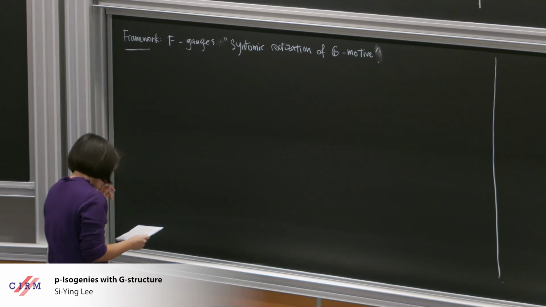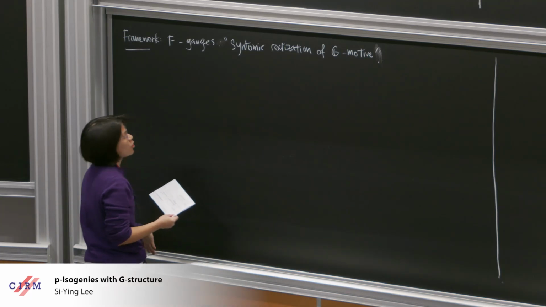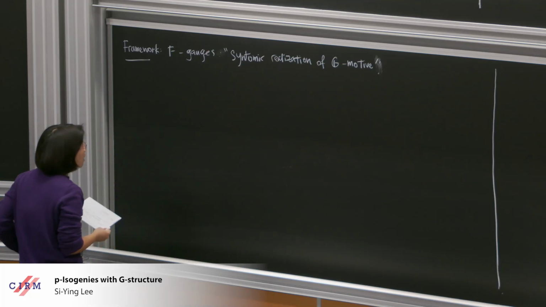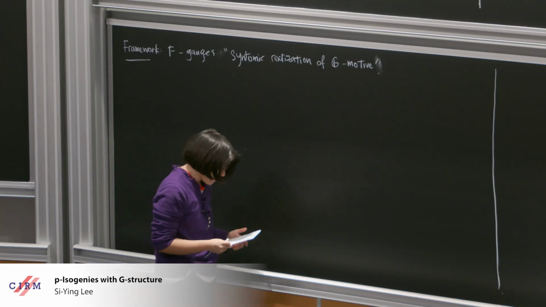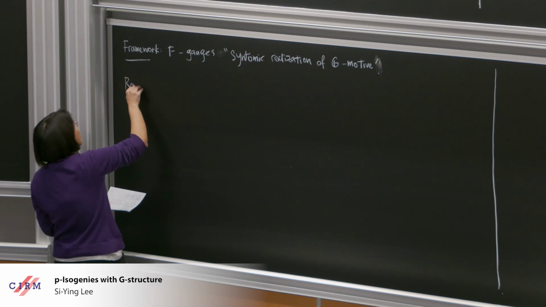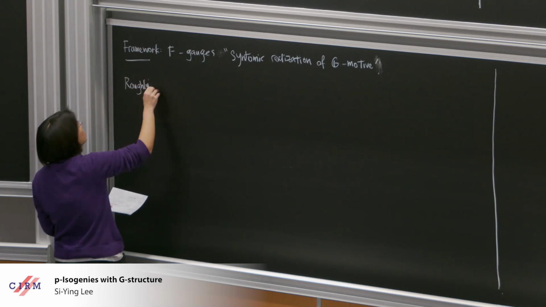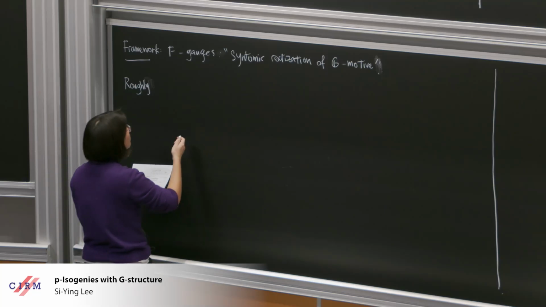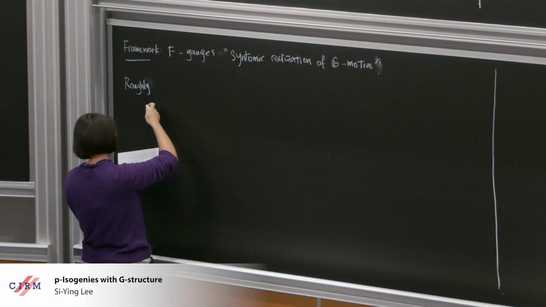I'm not going to define this because it would take too long. But if you haven't seen this theory of F-gauges before, the way to roughly understand it is that it is a generalization of the crystalline realization of the motive, or the G-motive, that we've seen before.